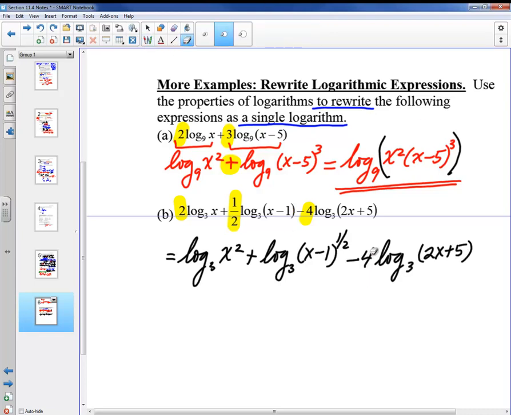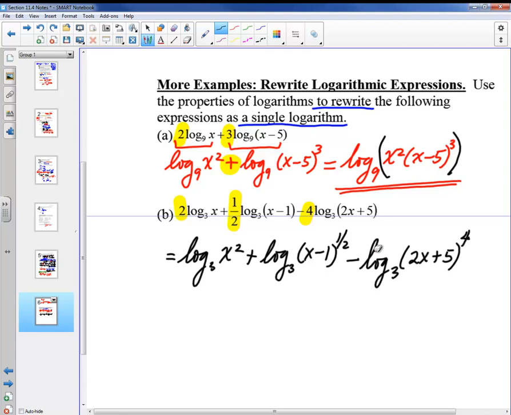Keep the negative, but not the 4. So that would be log base 3 of 2x plus 5 raised to the 4th. Keep the negative, but take the 4.